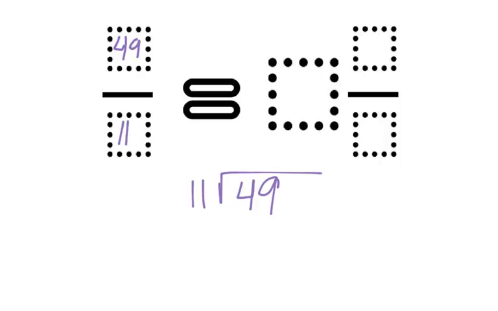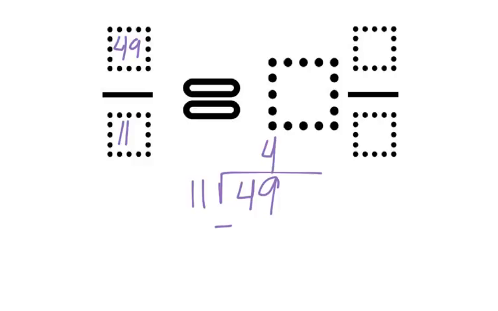Boys and girls, I can just skip count by 11s and see what's the closest multiple to 49 that's not greater. So let's do that. 11, 22, 33, 44. I can't say 55 because that is greater than 49. Therefore, 11 goes into 49 4 times.